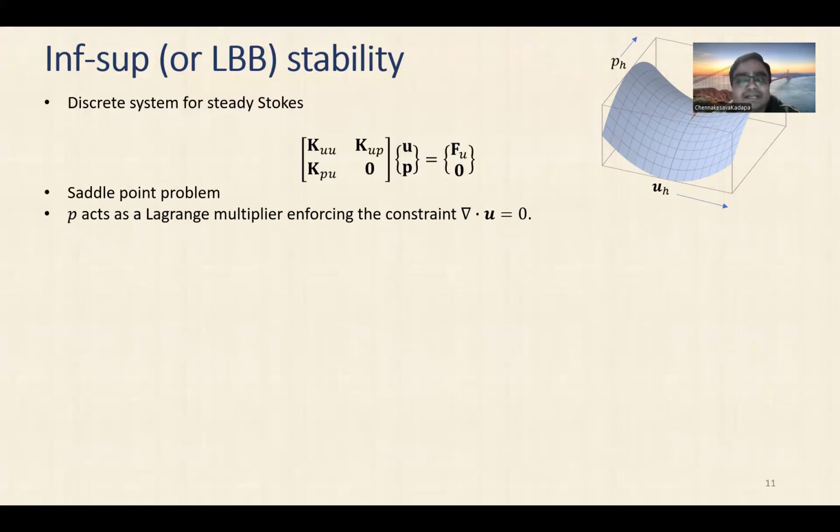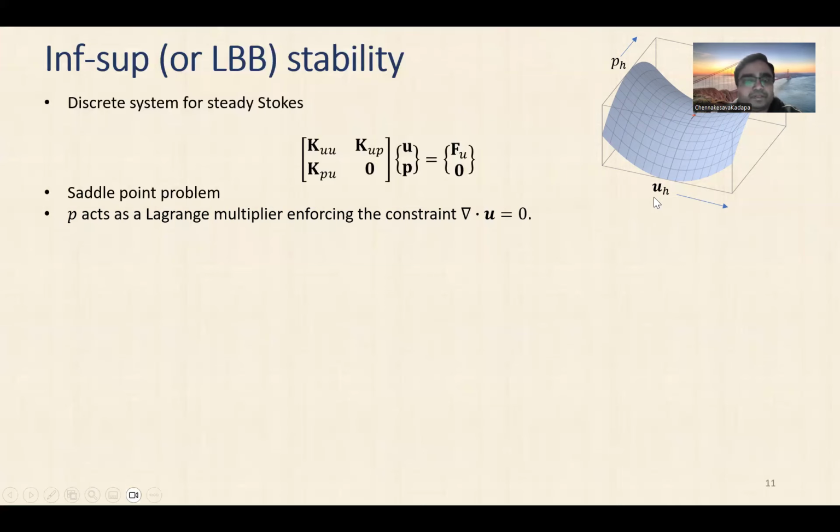It is called a saddle point problem because of how the space looks. If we take a very simple example and look at that landscape, the surface looks like a saddle. That is why it's called a saddle point problem.